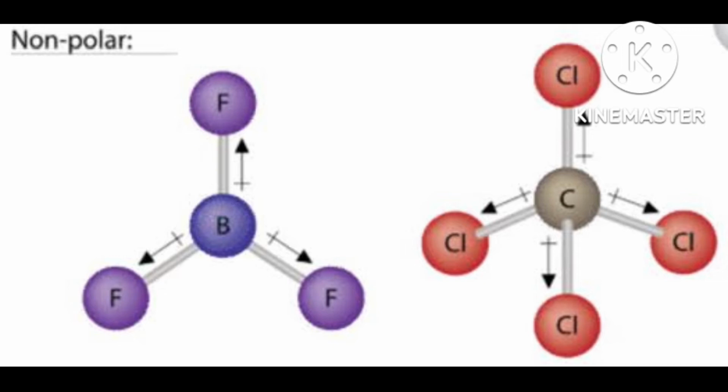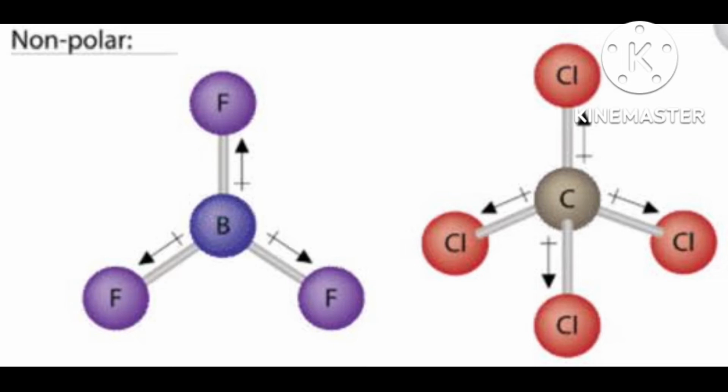There are three NH bonds, and their resultant, the fourth one, is in the same direction. Whereas in NF3, the orbital dipole.